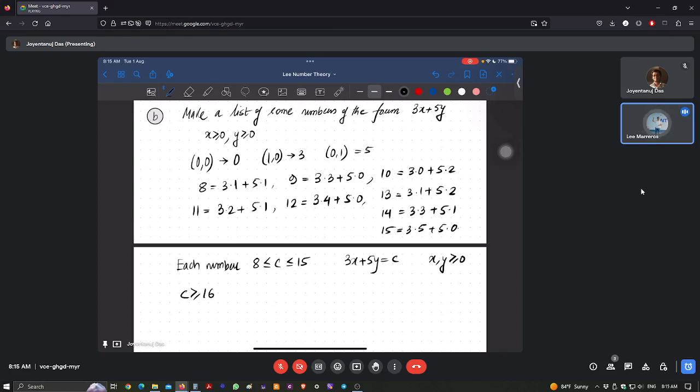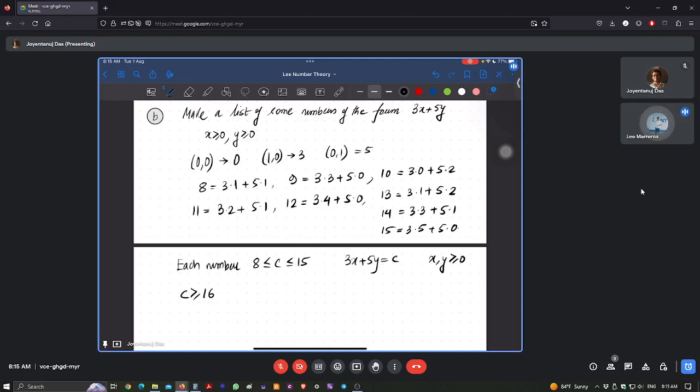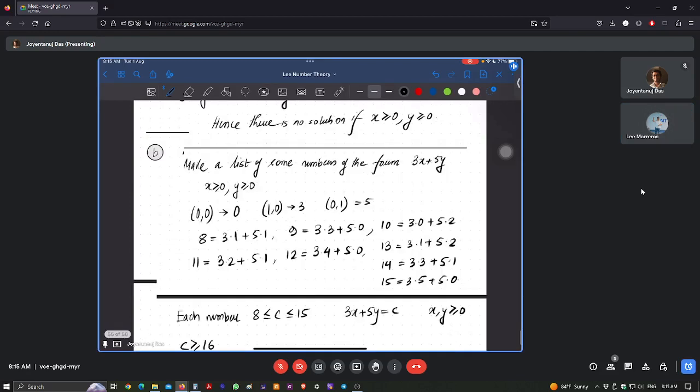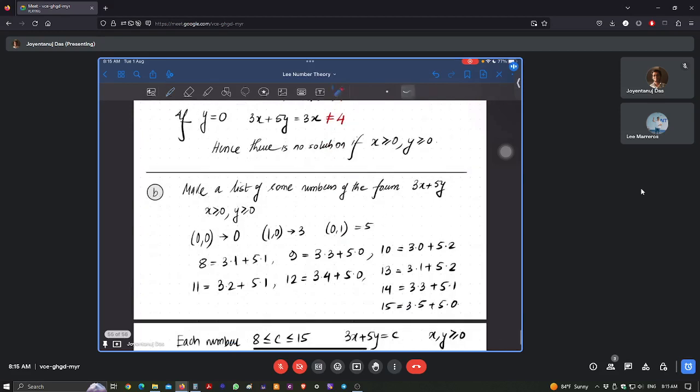I mean, 16 wouldn't be possible, right? No, actually 16 is possible, because we have already expressed 8. If I multiply it by 2 on both sides, I know that 16 also has a solution, right?